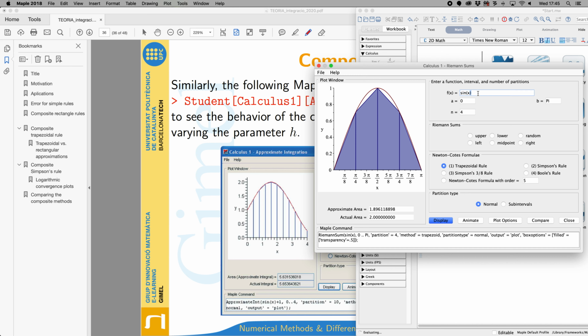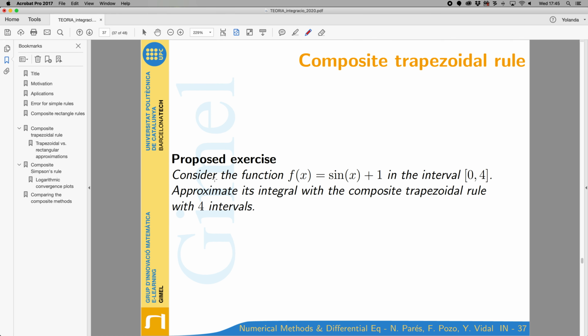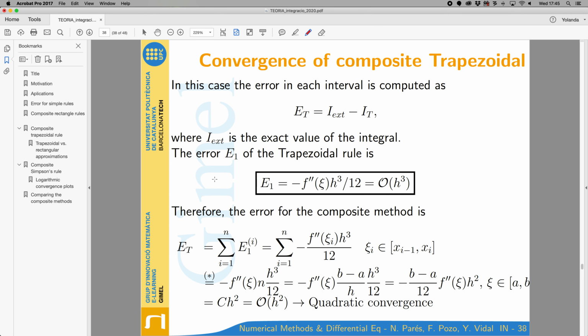We can change the function, of course, here, I don't know, something like x plus 1. I think that's one of the proposed exercises in these slides. So you can change the function, the values of a and b, the number of subintervals, and play a little bit with the options here. Okay? This is the exercise. I think you can try to do it by hand using the formulas we derived, and then you can check whether it is correct with the Maple applet.